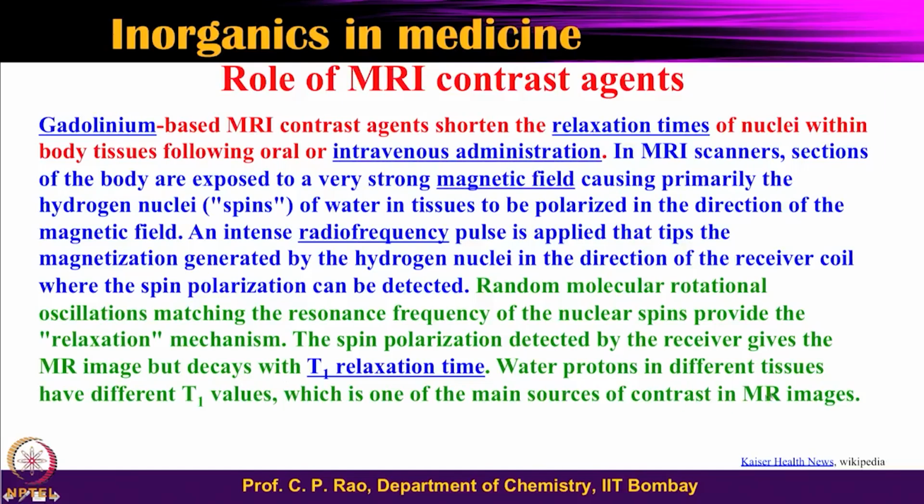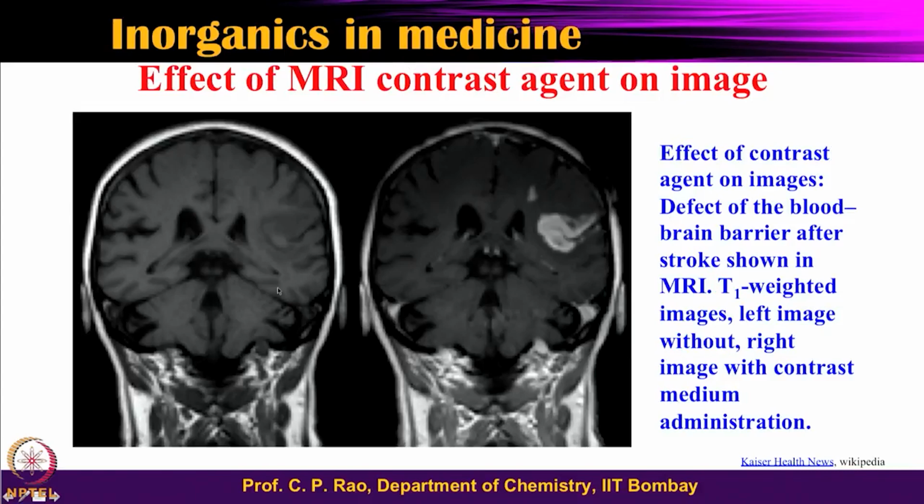The water protons in different tissues, the healthy region, the region with a lesion, the region with damage, or deteriorated tissue, all have different T1 values, which is one of the main sources of contrast. Here is an example, taken to find a defect in the blood brain barrier after a stroke, shown in MRI.